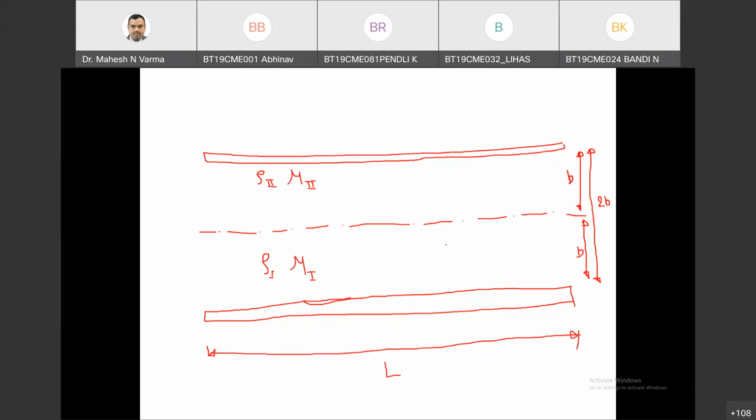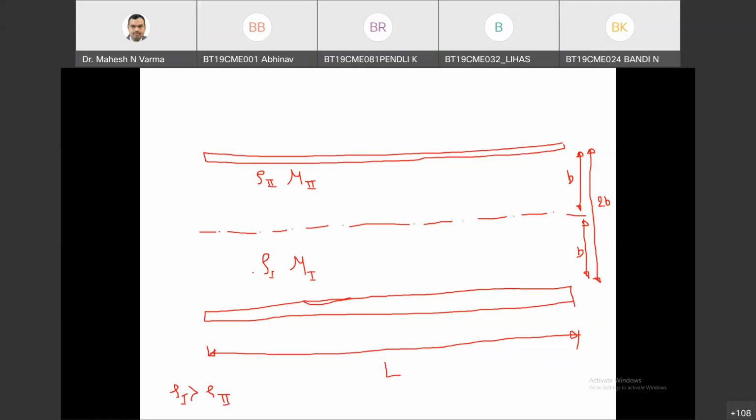Now what do you think? Is rho 1 greater than rho 2 or rho 2 greater than rho 1? Lihas? The fluid 1 is more dense, and fluid 2 is less dense. So rho 1 is greater than rho 2. Why?